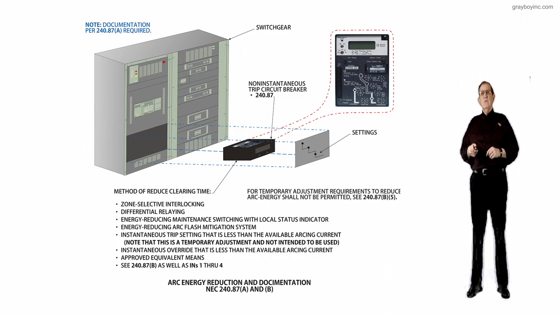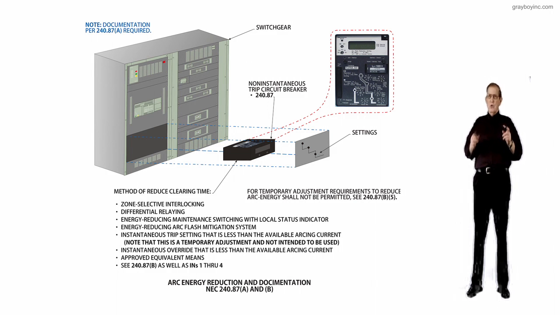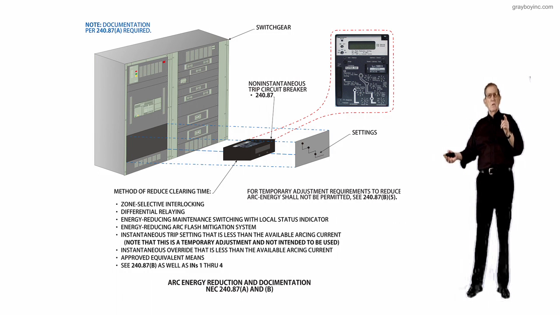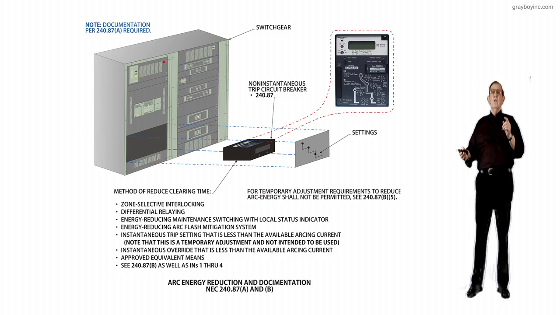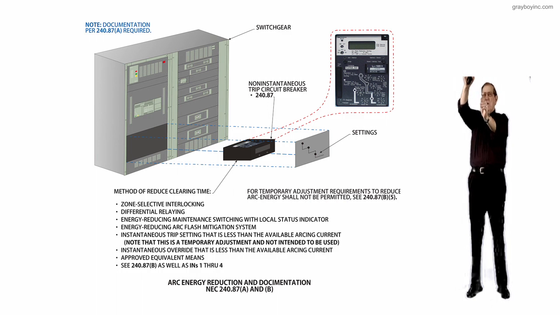And differential relaying is, like we said earlier, usually an upstream breaker communicating with a breaker downstream to allow certain current values to be used to clear short circuits and ground faults. And this is the one we talked about that has the two paths. One path, we get that current within the limitations of the arcing current, not the instantaneous that's up above that, so to speak.